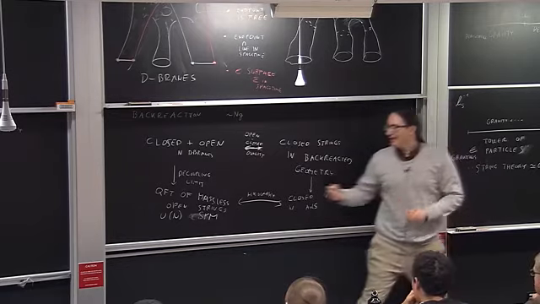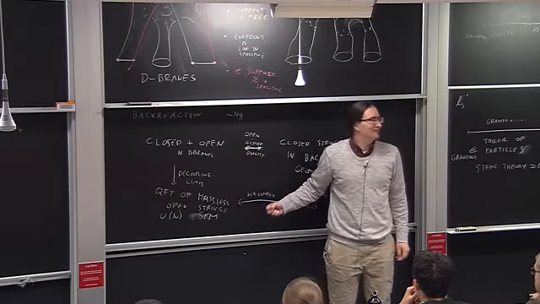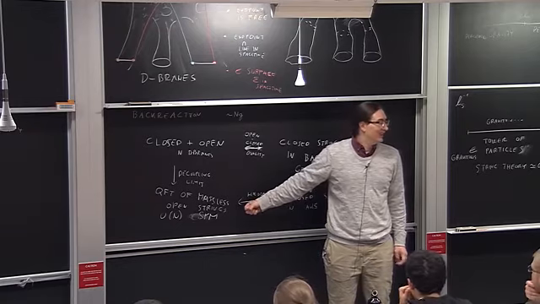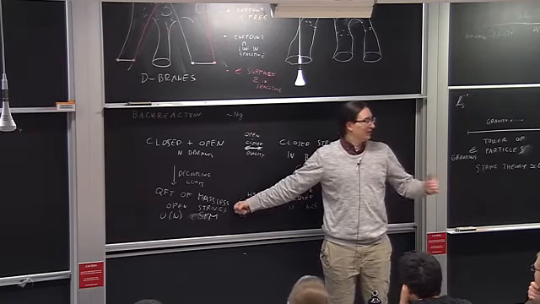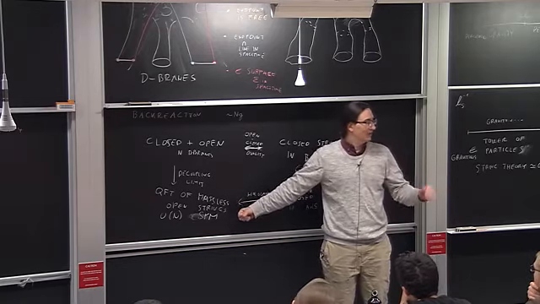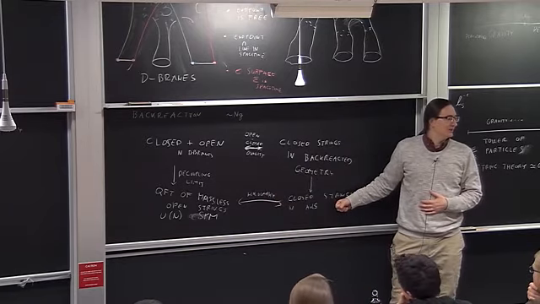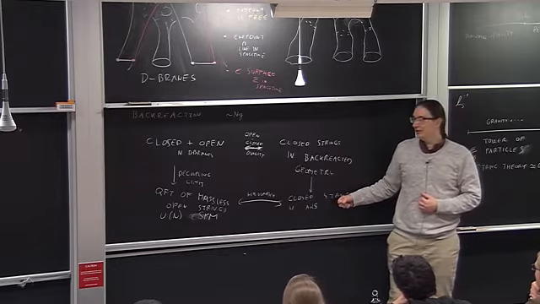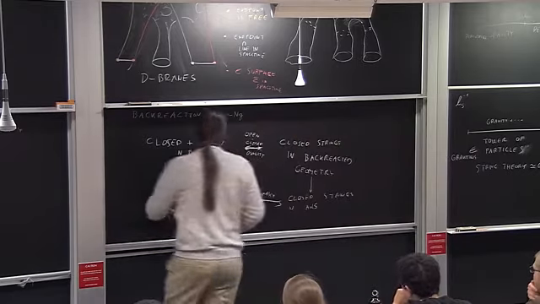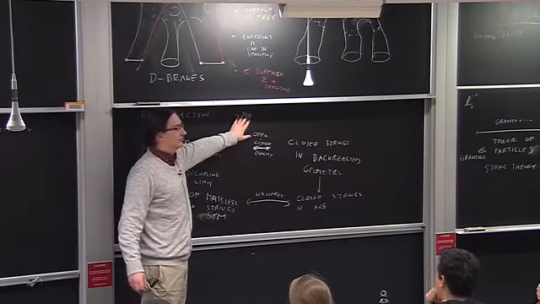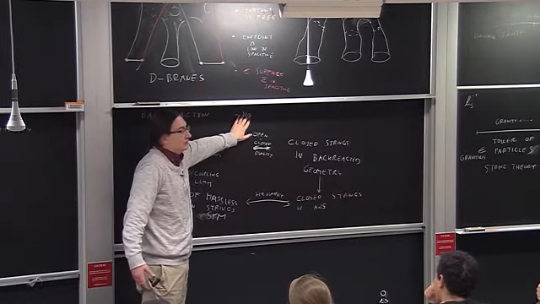If you resum the gn expansion while remaining perturbative in g or in 1 over n, then you get this perturbative expansion. To get here, you need to resum this expansion to a regime where this is finite, even though g is still small.